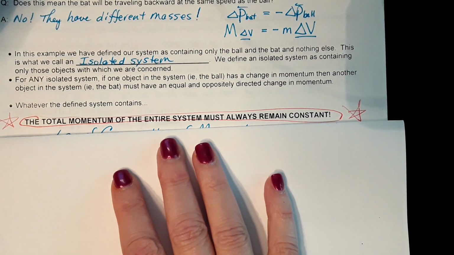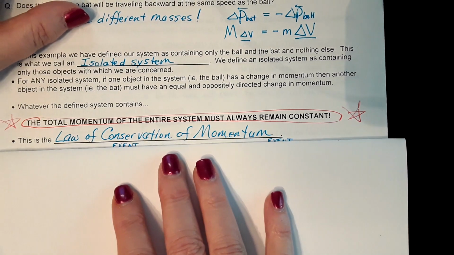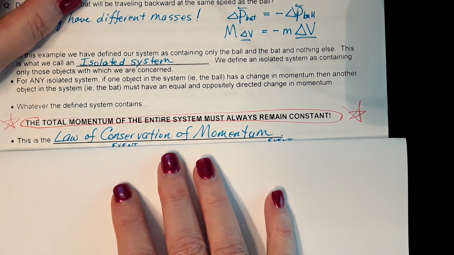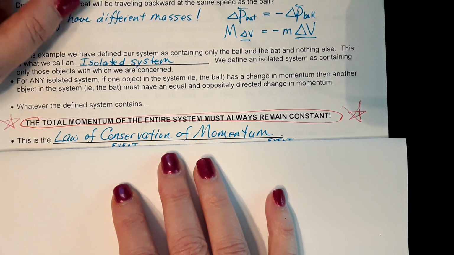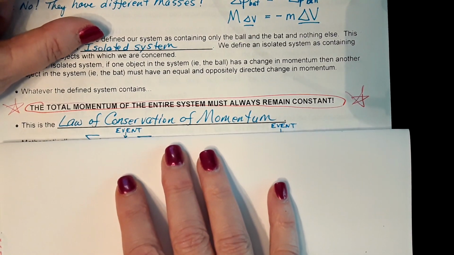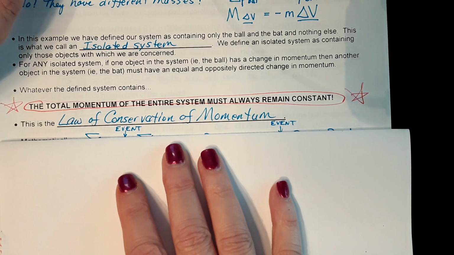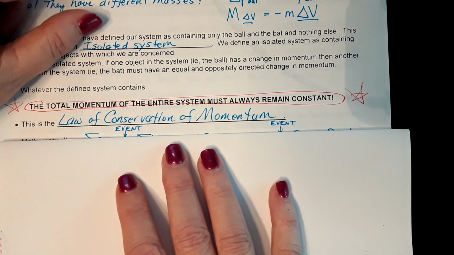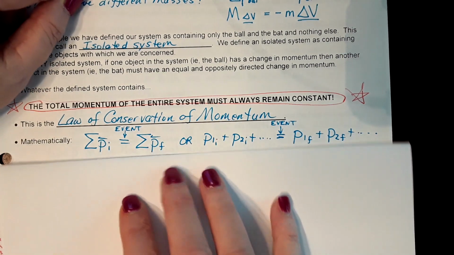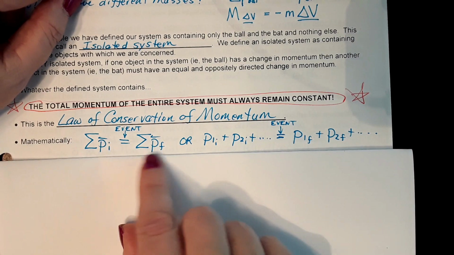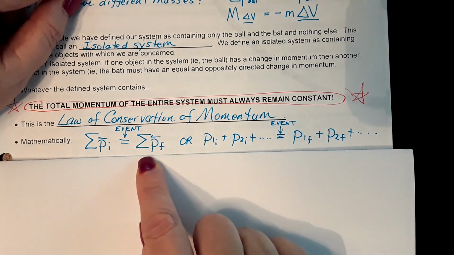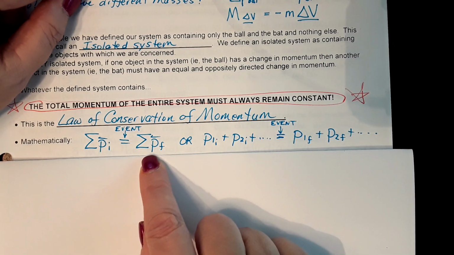This brings us to the law of conservation of momentum. The total momentum of the system must always remain constant if the system is isolated with no external forces acting on it. We call this the law of conservation of momentum: for events that take place, the initial momentum of the entire system added together must be equal to the final momenta of the entire system added together.